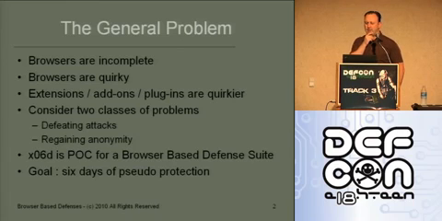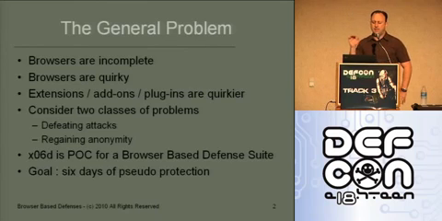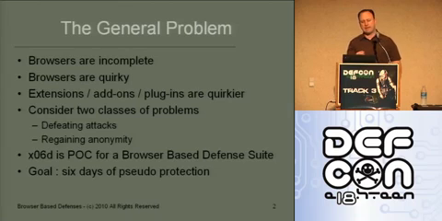So today we're going to focus on two types of problems that manifest because of that. Some of the attacks, or at least some of the attack components, we'll look at some techniques for that. And then also, how can we regain some of that anonymity?